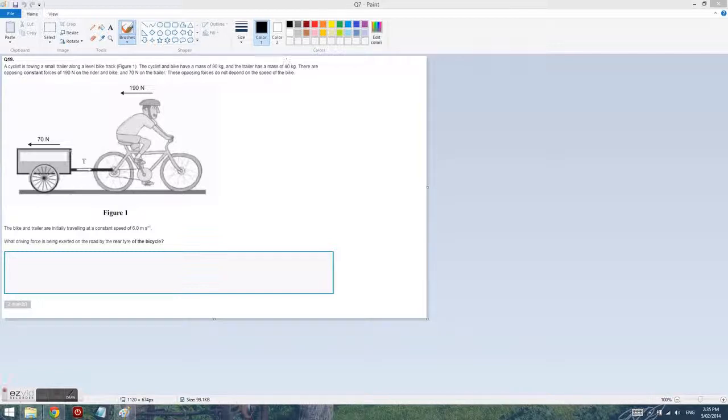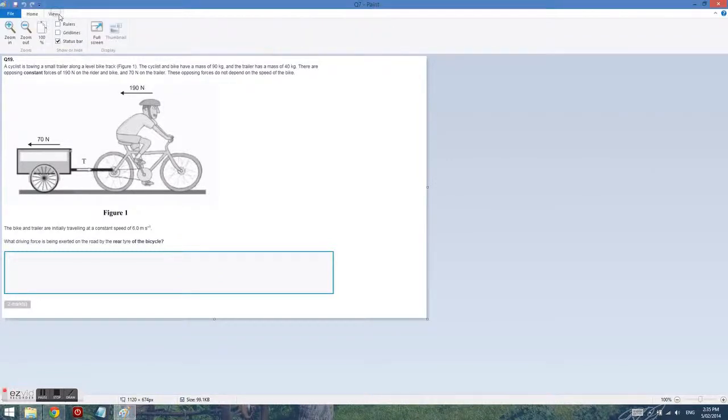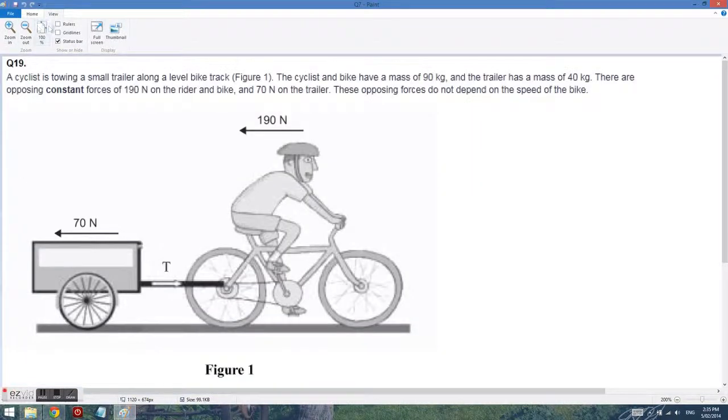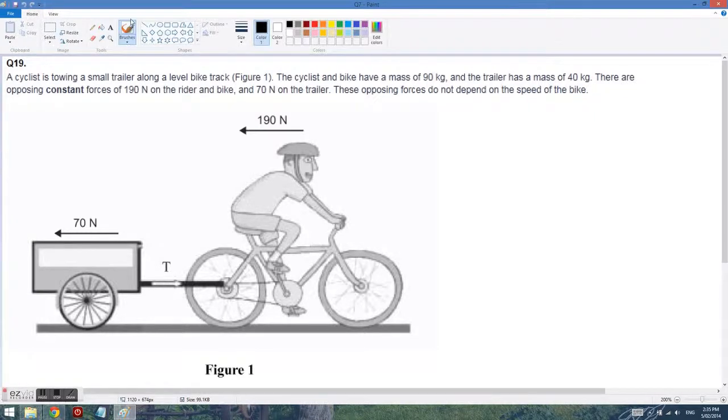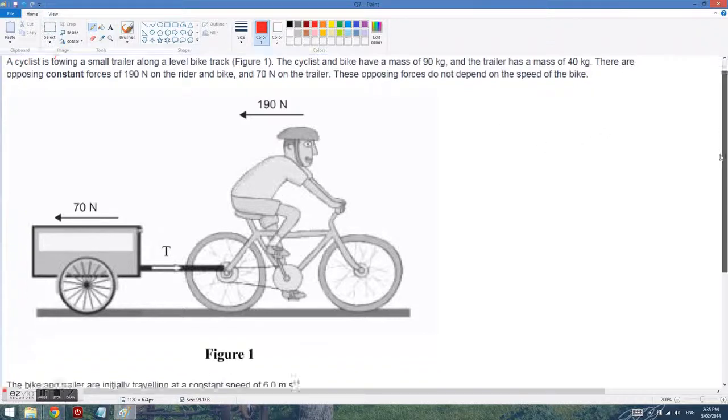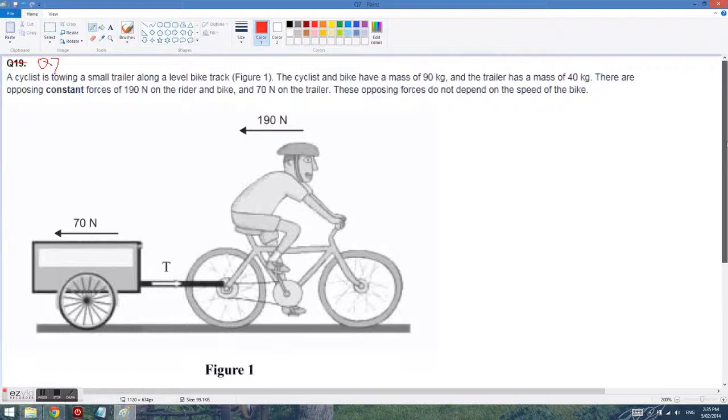Okay, now let's look at question 7. Okay, that's basically question 7. Now, if you read this question, label everything.